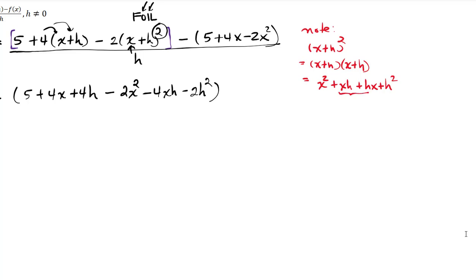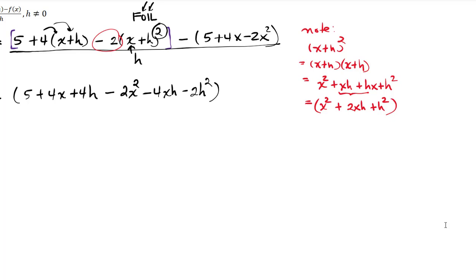Again, notice that the outer and the inner terms are like terms, so we take their coefficients and combine them. So xh is the same as hx, which is now combined to xh, and then plus our last term, which is h squared. So we're basically taking this expression and distributing that 2 through, and that's going to give us these 3 terms right here.